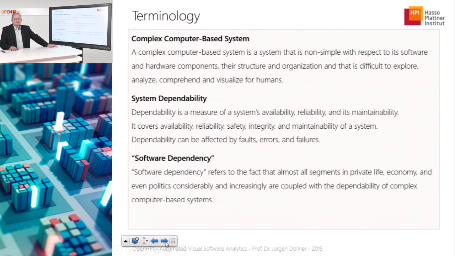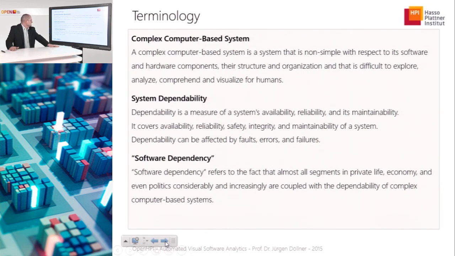Now, the key terms of this part as we define it: a complex computer-based system is a system that is non-simple with respect to its software and hardware components, their structure and organization, and that is difficult to explore, analyze, comprehend, and visualize for humans. The system dependability is defined by a measure of a system's availability, reliability, and its maintainability.